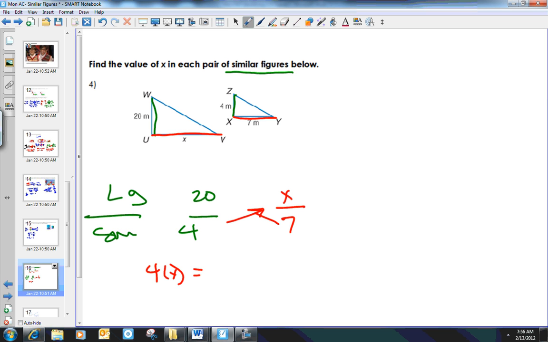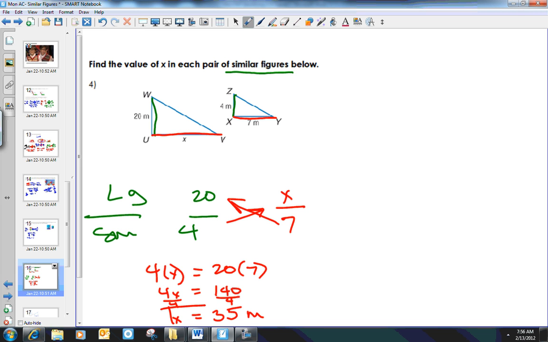So now we have 4 times X has to be equal to 20 times 7. Okay, so this is 4x equals, and 20 times 7 is 140. All right, we're going to divide by 4 on both sides to find out that x equals, let's see, 4 will go into 14 3 times with 2 left over, so 35 for x, 35 meters.